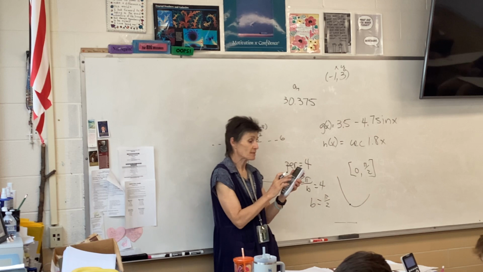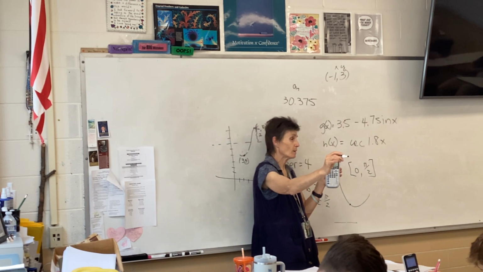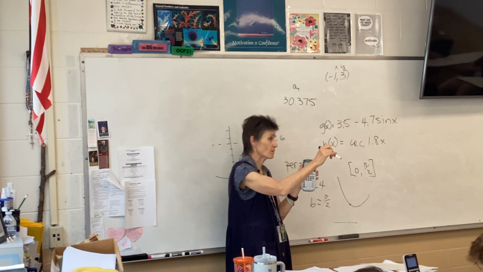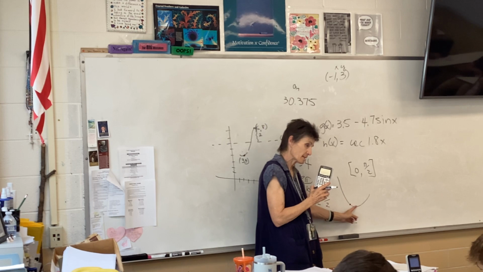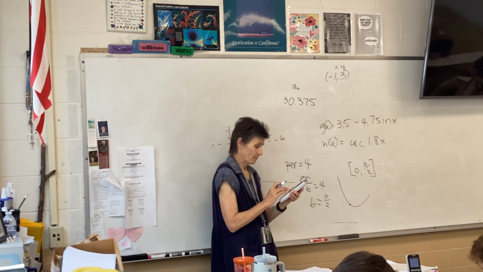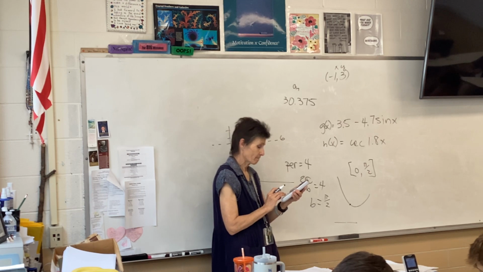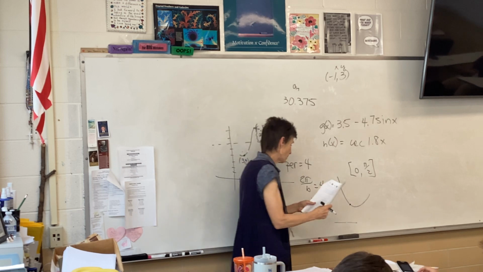How I did that, I just hit trace and made my cursor go till I got to 115. So that was the part of the curve I was looking at. At that point, I'm still decreasing, but it's concave up. Perfect. All right, we're almost done.